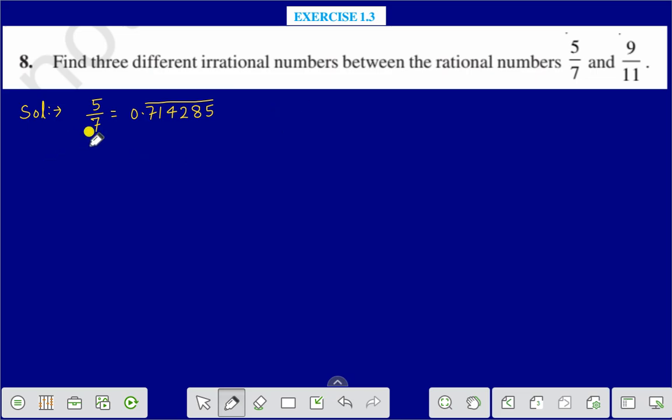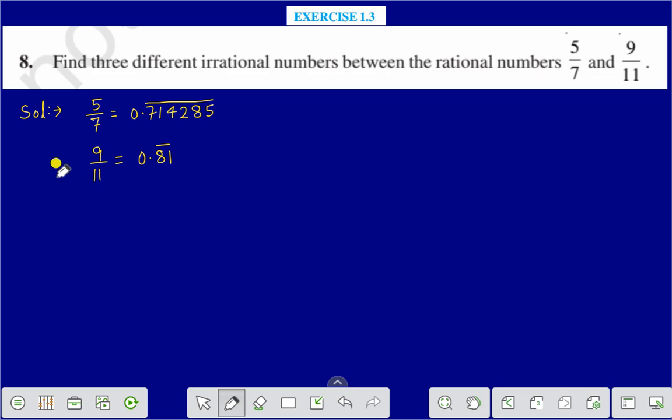And if we divide 9 by 11, then we are getting a number like 0.81 bar. That is repeating.